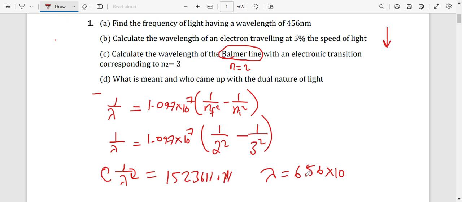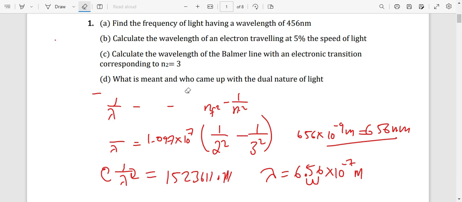So 6.56 times 10 to the power negative 7 meters. If I move the decimal point 1, 2, this is going to be 656 times 10 to the power negative 9 meters. 10 to the power negative 9, what would be the prefix there? A nano. So this is 656 nanometers. So that is it.